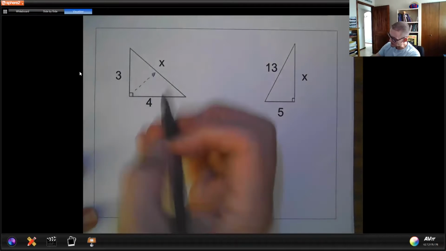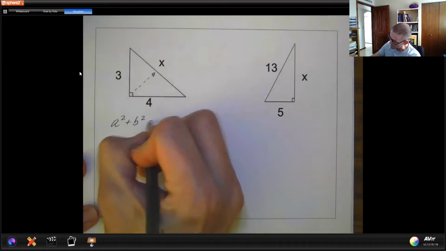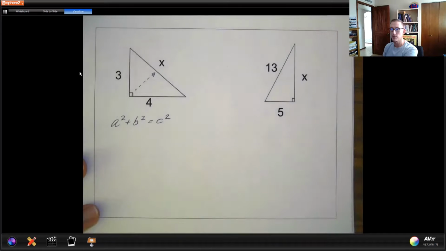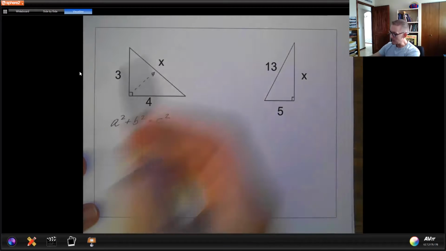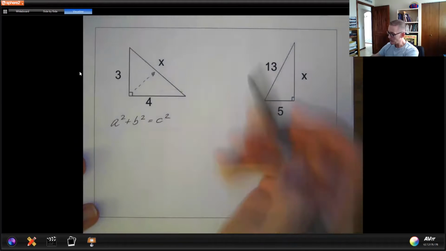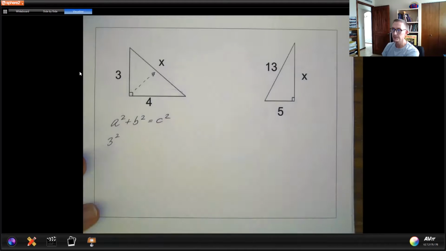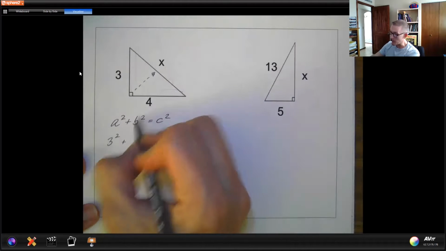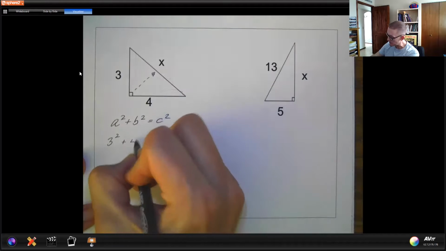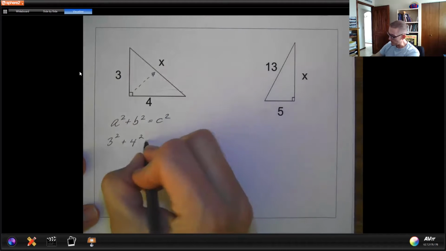So if I go back to the Pythagorean theorem, a squared plus b squared equals c squared. Let's plug in for A, B, and C. Well, A and B make the right angle. So a squared is going to become 3 squared plus, and b squared, I'm going to plug in the 4, so that becomes 4 squared, equals c squared.